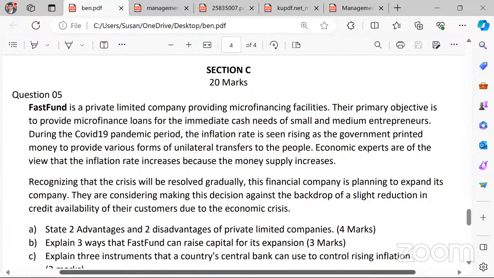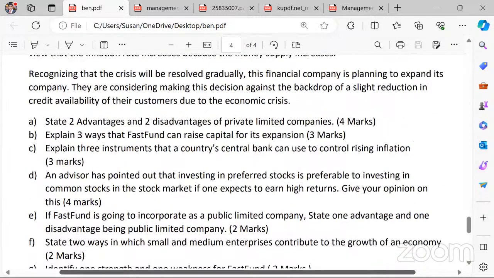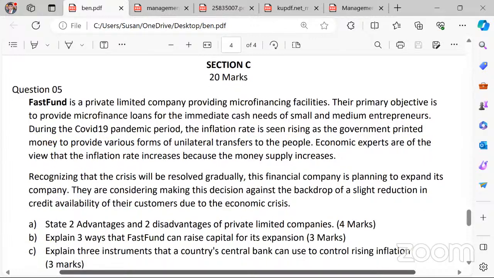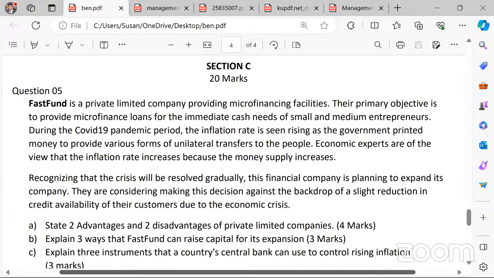This is not a very complex case study, it is a mini case study. You have to read this mini case study and answer the questions. The answers must be contextual, meaning in the context of the case study. You have to read the case study, then only can you understand and answer those questions.